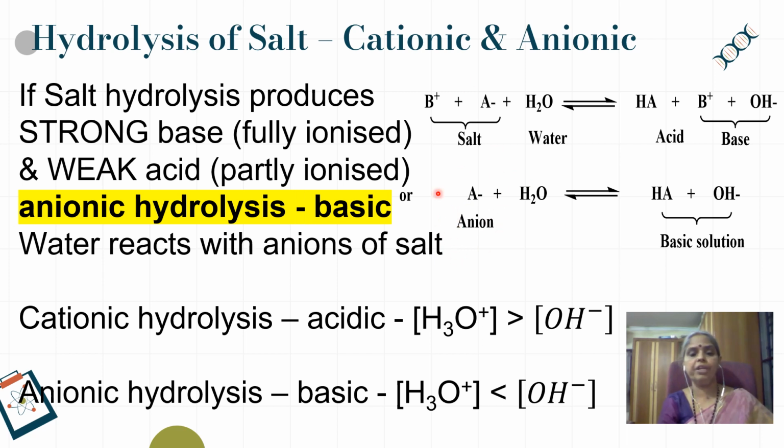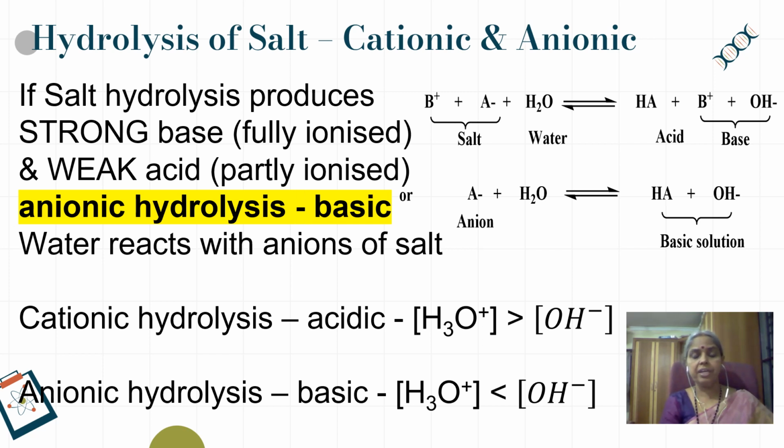The anion obtained from the salt. So cationic hydrolysis produces acidic solutions, and the resultant solution will have H3O plus concentration greater than OH minus, and anionic hydrolysis will produce basic solution. Here H3O plus concentration is less than OH minus ion concentration.